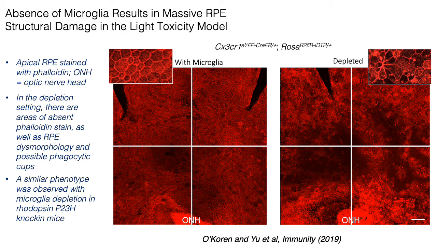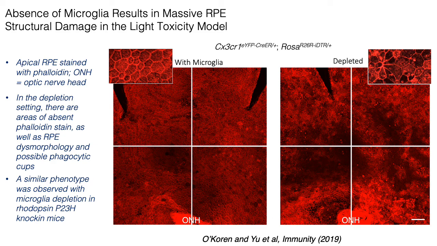But this is in stark contrast with the depleted microglia setting, whereby one can see large areas that simply are not staining with phalloidin, potentially showing some atrophy of the RPE. In other areas there's massive dysmorphology, as well as a number of phagocytic cups throughout the lesion.